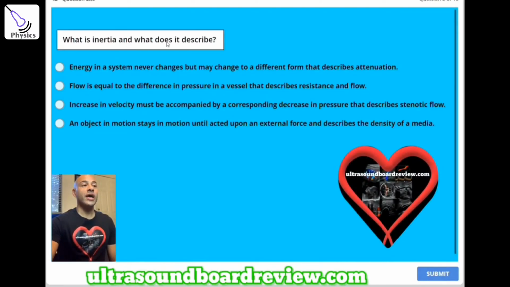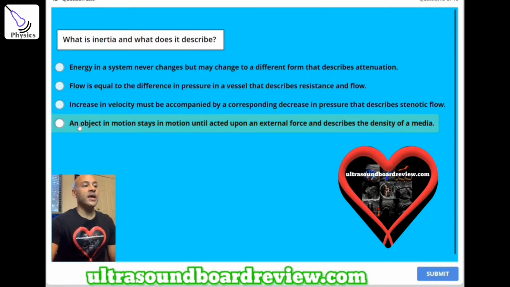What is inertia and what does it describe? A. Energy in a system never changes, but may change to a different form that describes attenuation. B. Flow is equal to the difference in pressure in a vessel that describes resistance and flow. C. Increase in velocity must be accompanied by a corresponding decrease in pressure that describes stenotic flow.